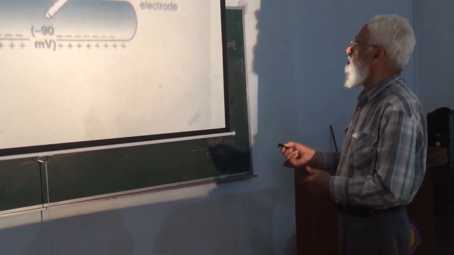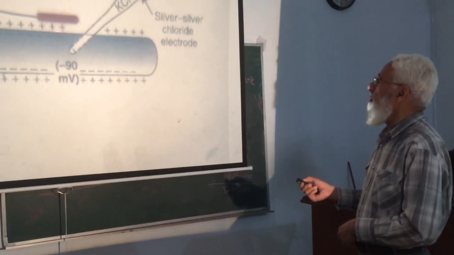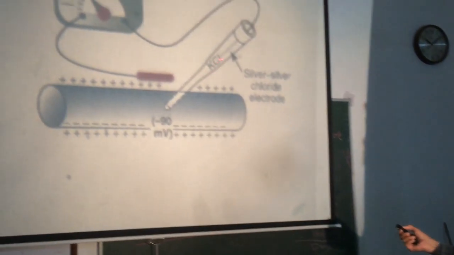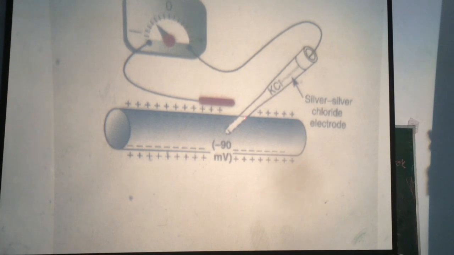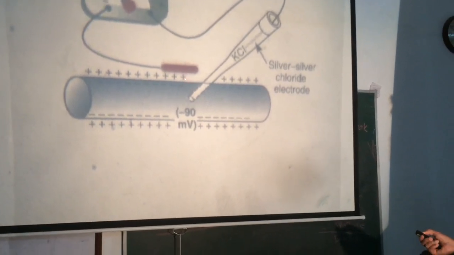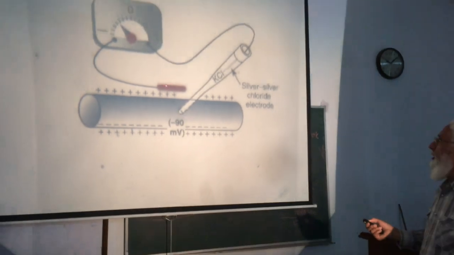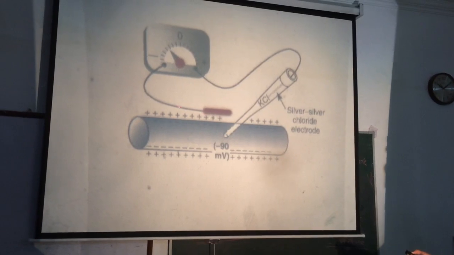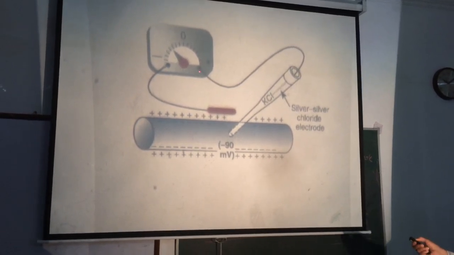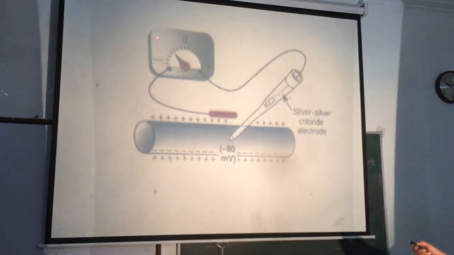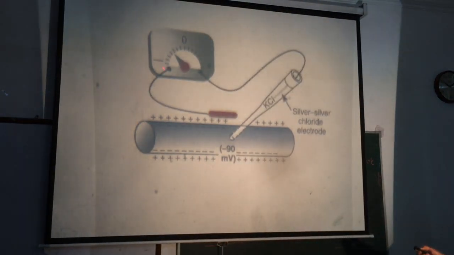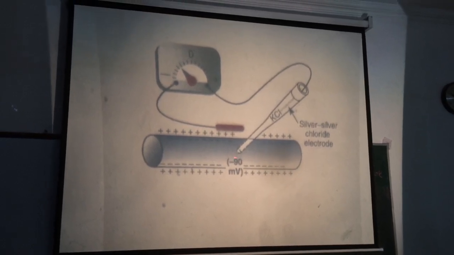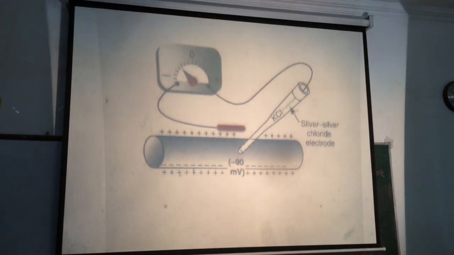The second microelectrode is placed on the surface of the fiber. So these two microelectrodes are connected to the recording apparatus, which shows the resting membrane potential. In this case, it is minus 90 millivolts.